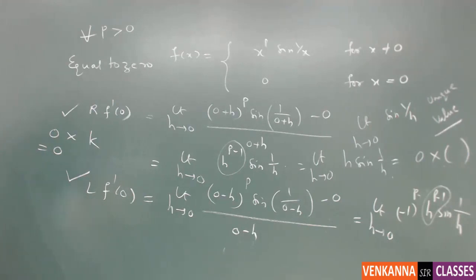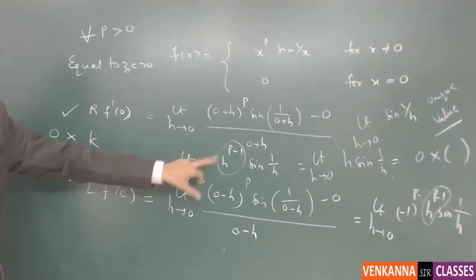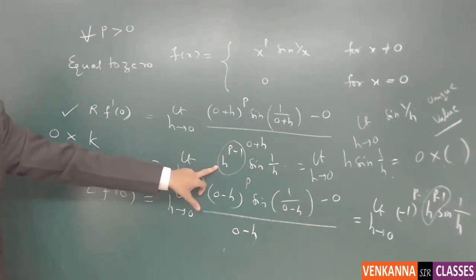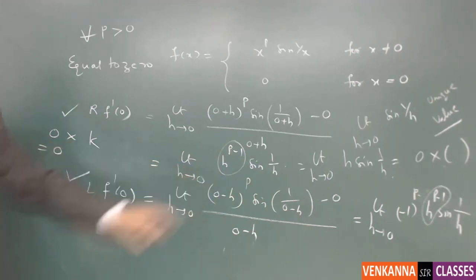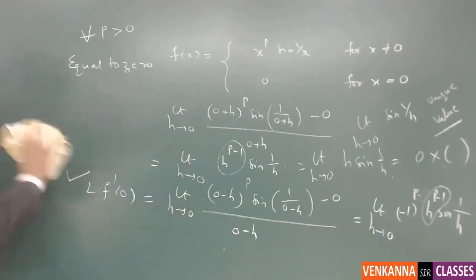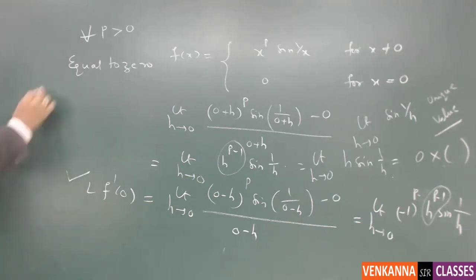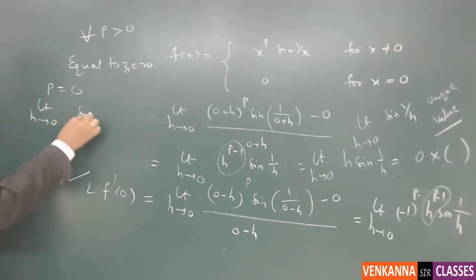So if you take p is equal to 0, then what will be h power p minus 1? It will be 1 by h, right? It will be h power minus 1 into sine 1 by h by 1 by h.